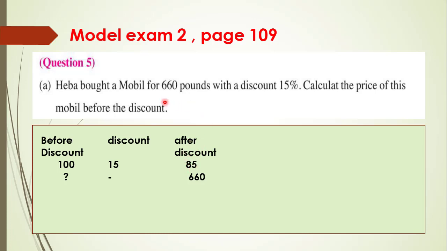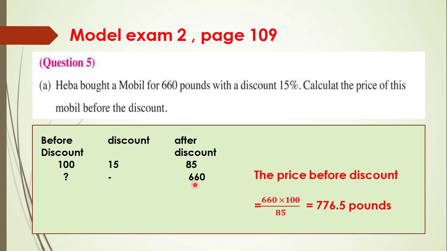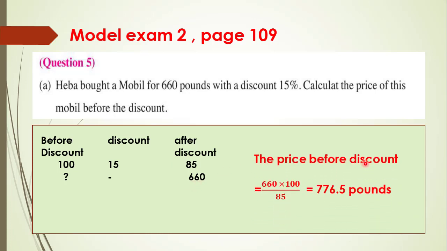But we have the price after discount 660. So we can use the cross product to calculate the price before discount. 660 times 100 over 85. The result will be approximately 776.5 pounds.